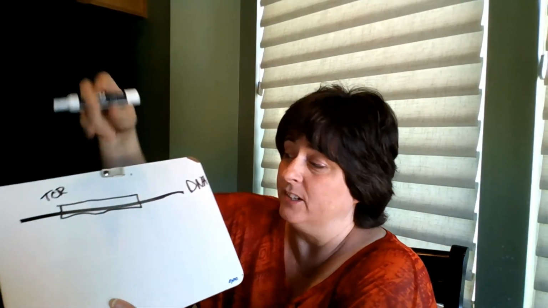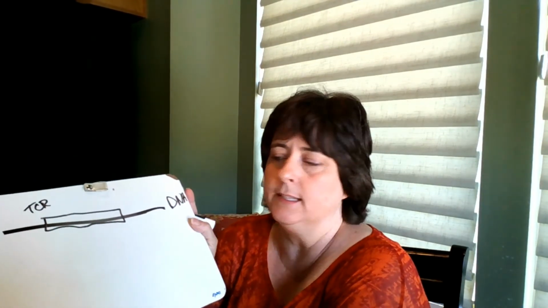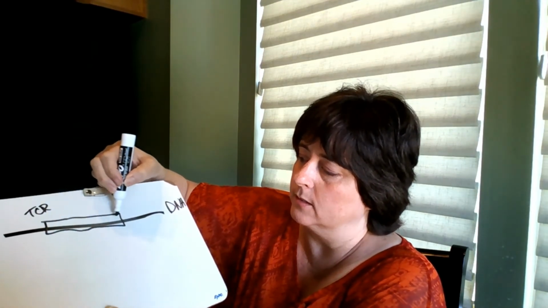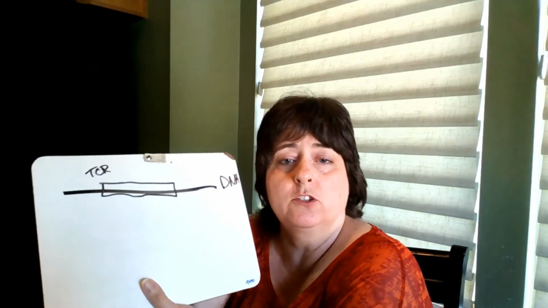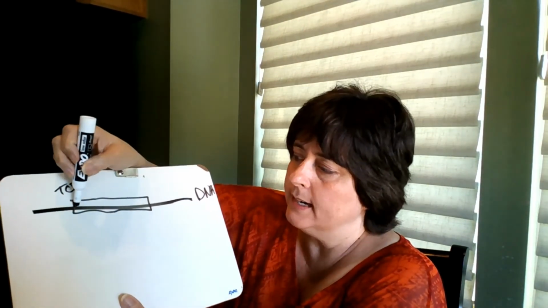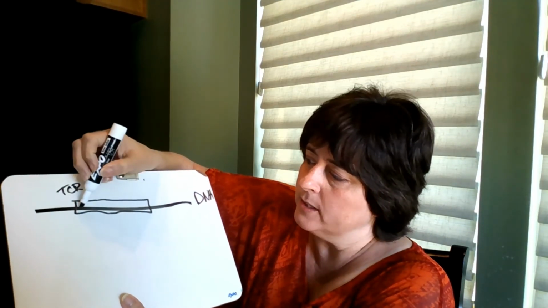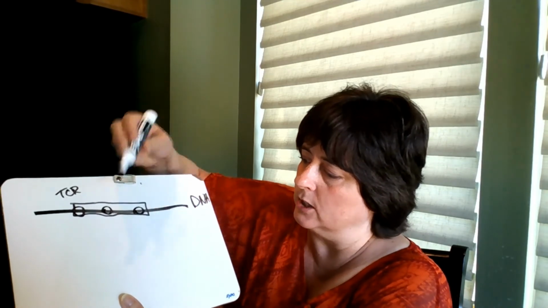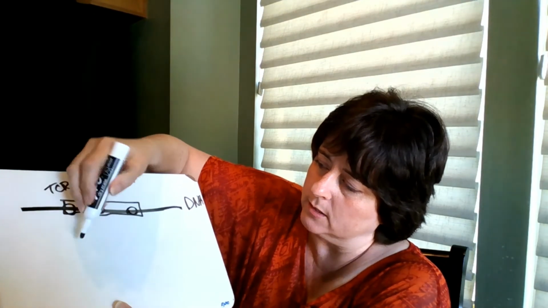And now again, I don't have room to do a whole bunch of T cell receptors. So I've got one area that's going to be a T cell receptor. And in the gene, I'm going to have a lot of different instructions, so a lot of different areas in this gene. When it gets transcribed into an mRNA, instead of starting at the beginning of this gene and going all the way to the end, it's going to pick up a little section here, a little section here, and a little section here, and make an mRNA just from those regions.